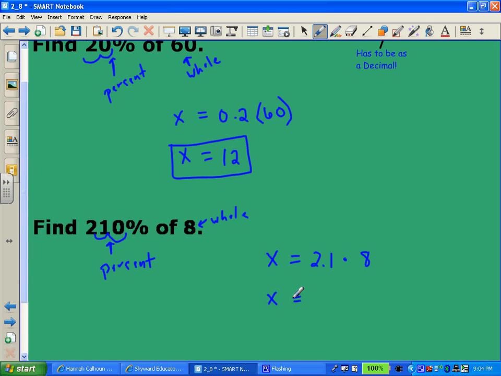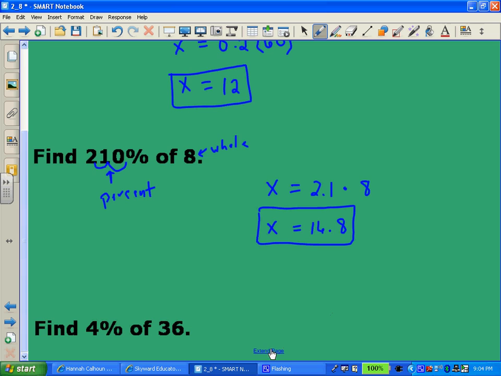So then I'm going to do 2.1 times 8, and I come up with 16.8. So 16.8 is 210% of 8.